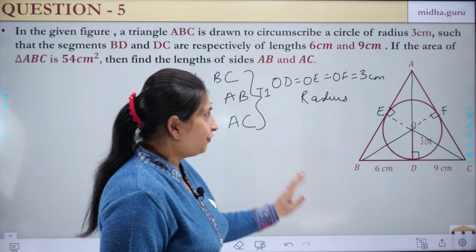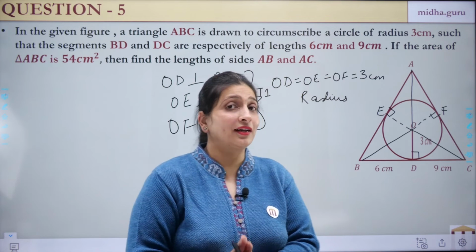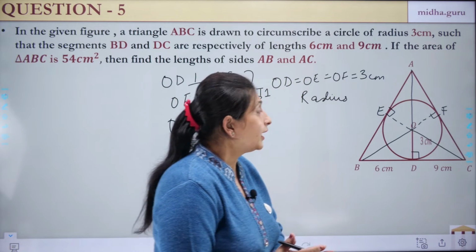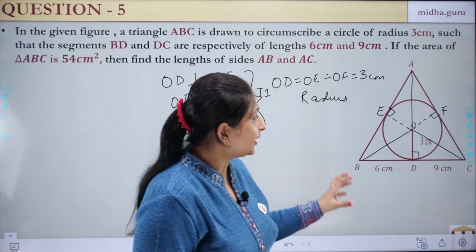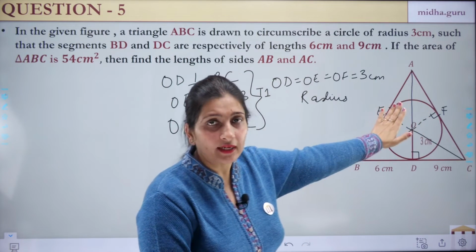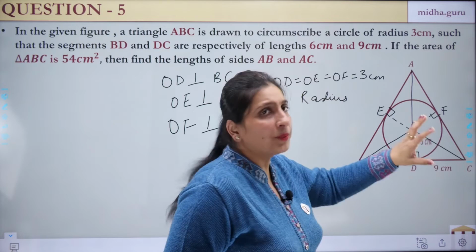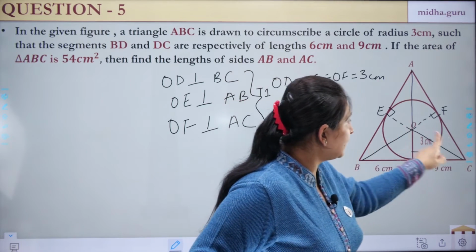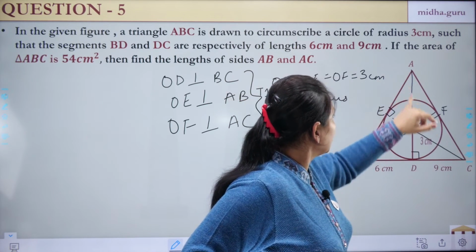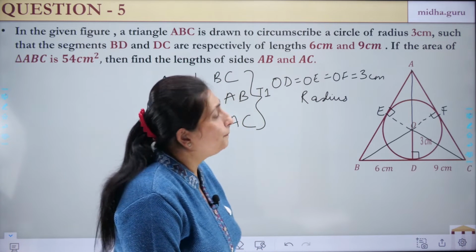Now, we have been given the area of this triangle as 54. Also, we can see the full triangle ABC has been divided into 3 triangles: OBC, OAC and OAB.